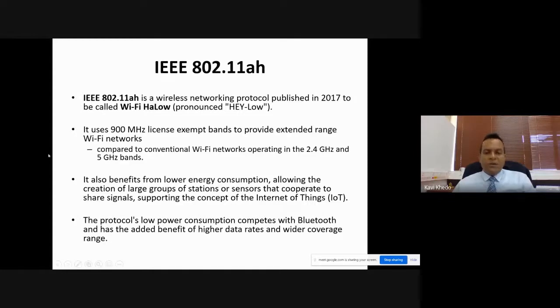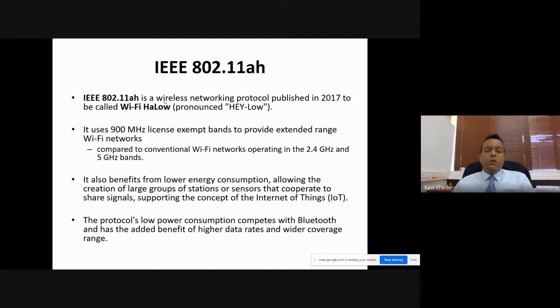It also benefits from low energy consumption. Another characteristic, it should consume less energy because it is going to be used in IoT systems, allowing the creation of large groups of stations and sensors that cooperate to share signal, supporting the concept of IoT. This is why it's a good candidate, and why it was invented. IEEE 802.11ah, a new version of Wi-Fi.